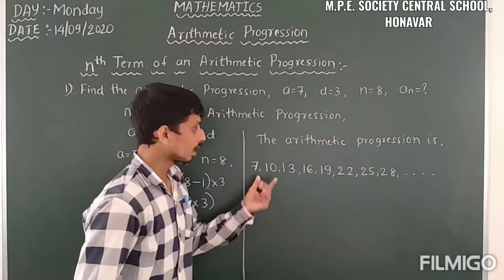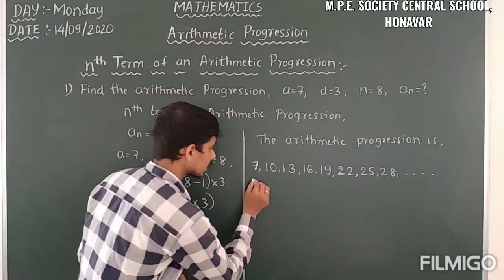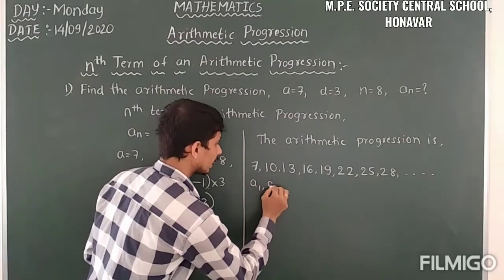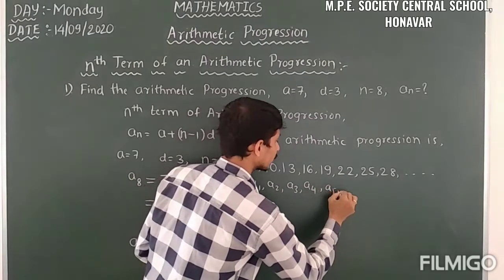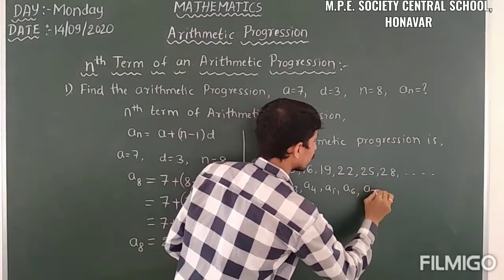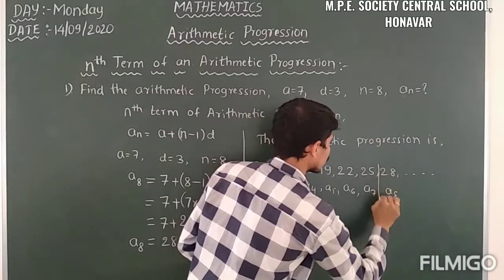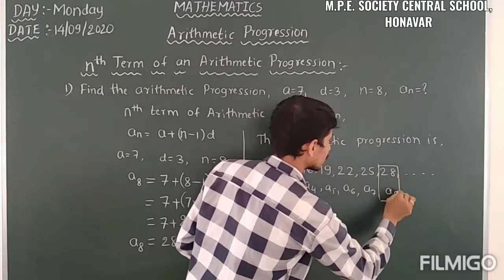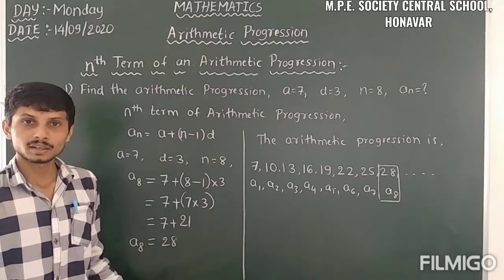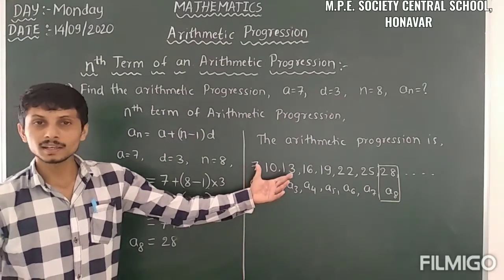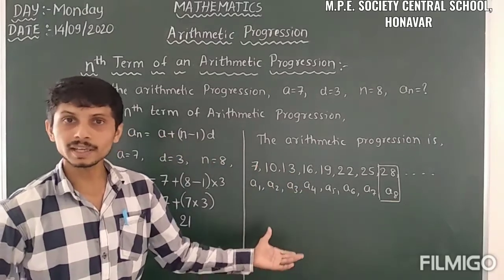So just observe, I will write the standard form here: a_1, a_2, a_3, a_4, a_5, a_6, a_7, a_8. From this we can understand that our calculations are correct. So we can verify like this, or we can find it like this also.